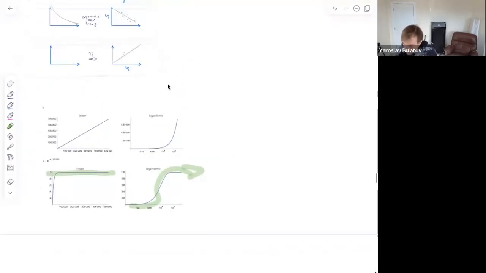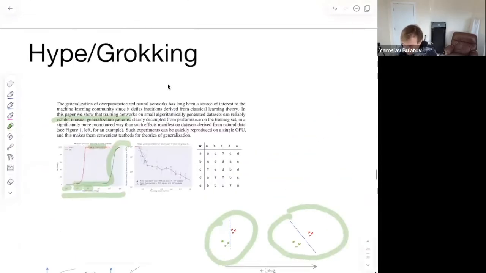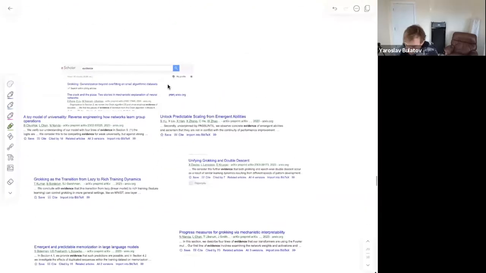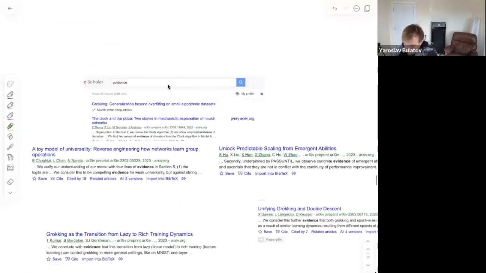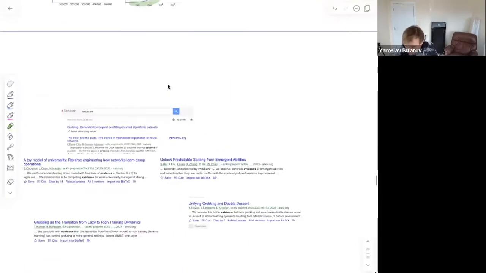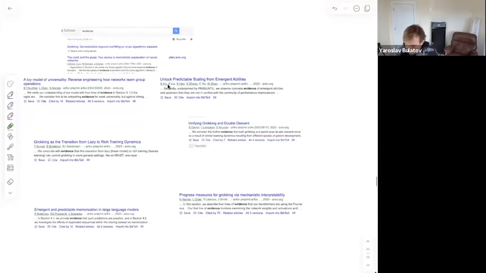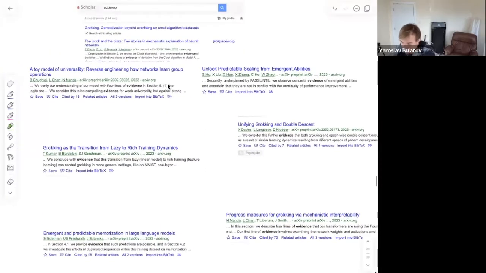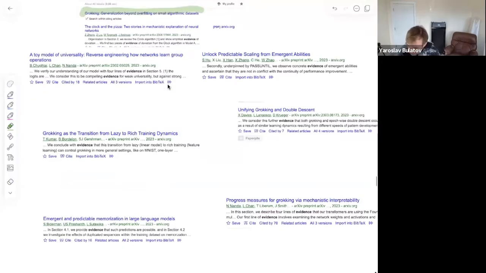So regardless of whether this conclusion is correct or not, the point is that there was a flurry of research following this paper. I Googled searching for evidence for papers citing this one, and there are a lot of papers finding emergent abilities, unifying grokking, and they're all finding extra evidence.